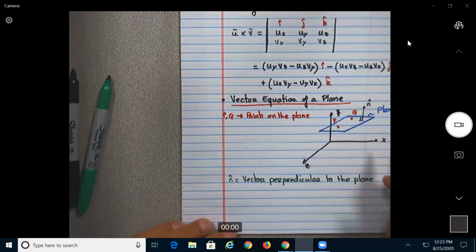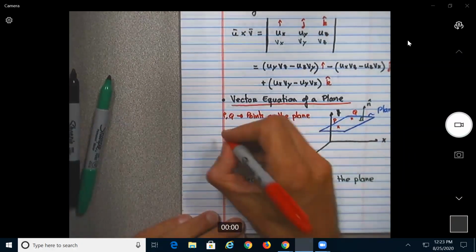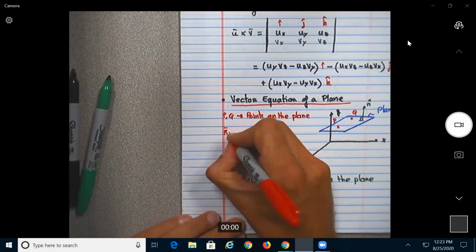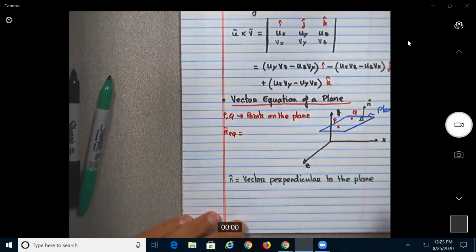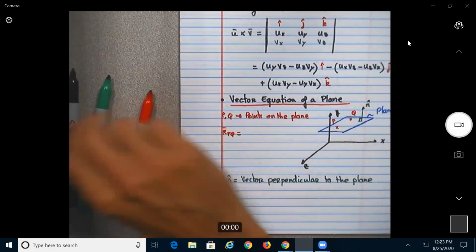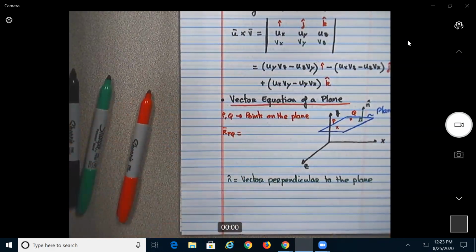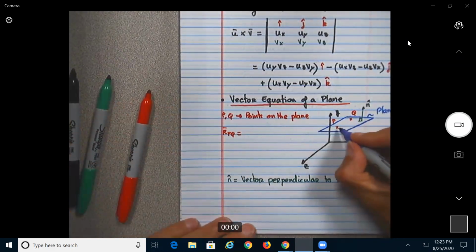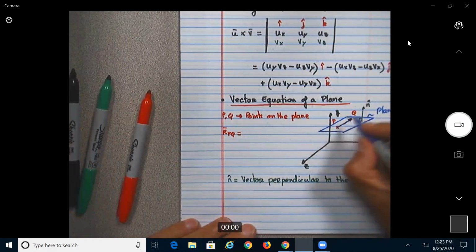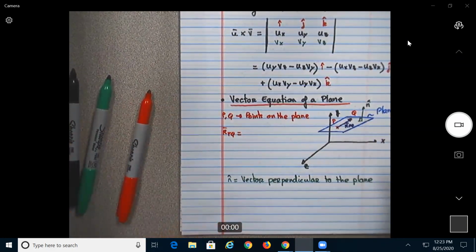Okay, so if P and Q are on the plane, let's say we do the vector PQ. If we do PQ now, let's see, now another color, this vector will be what? Will be parallel to the plane. Yeah? Okay.